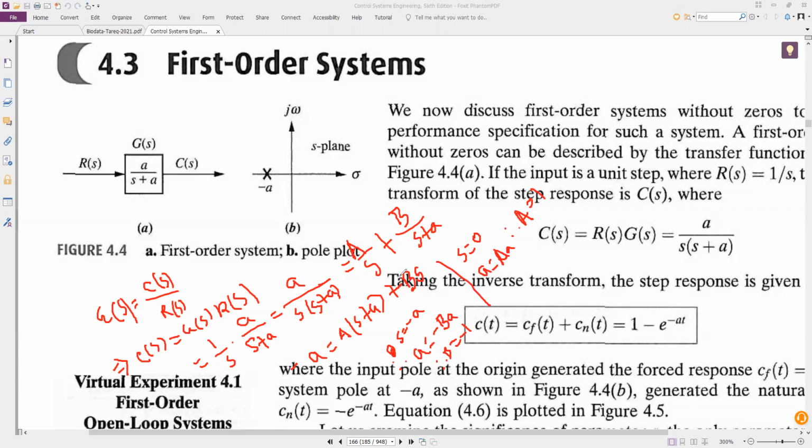So finally, what you can write is C(S) is equal to A by S, that means 1 by S, minus 1 over S plus A. So if you take the inverse Laplace transform of this, then instead of 1 by S you can write 1, and instead of 1 by S plus A you can write e to the power minus a t. Okay.